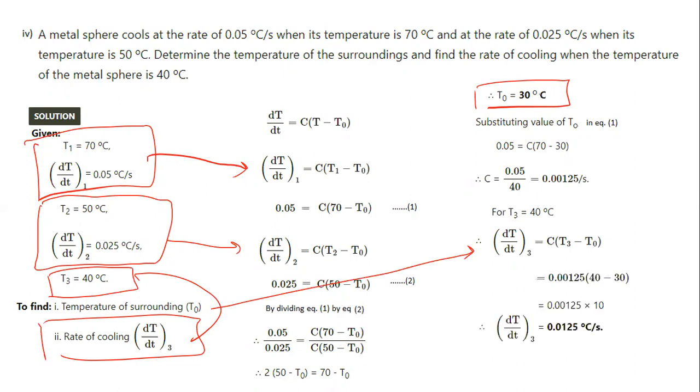And C is 0.00125. T3 is 40 minus 30. It is 10 into this one. So I think right, we get the same answer. So this is the third, rate of cooling.